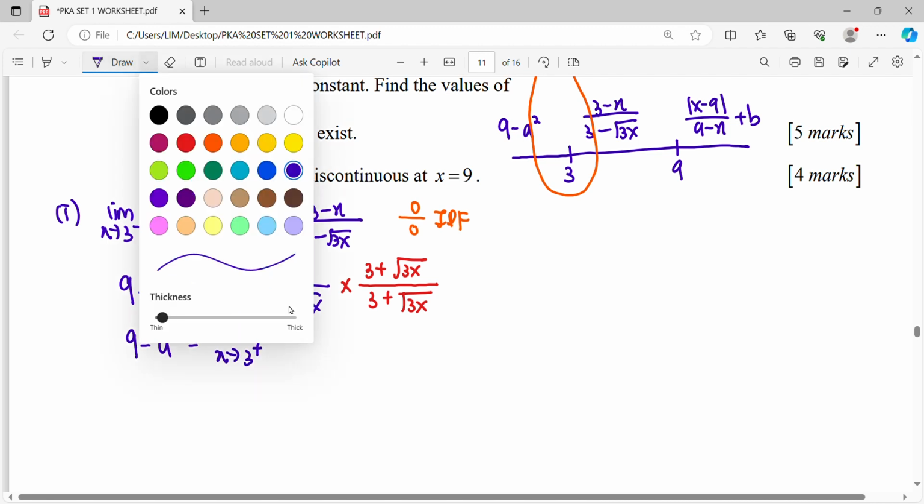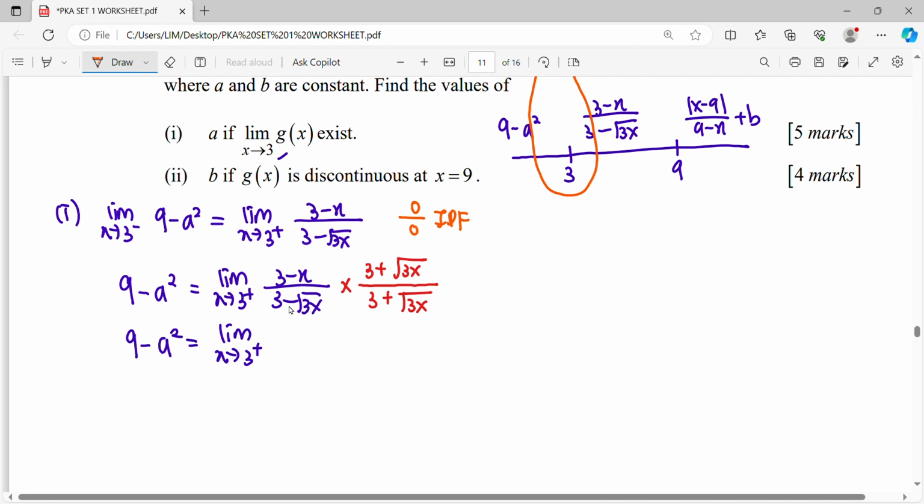Try to simplify. The concept is when you have (a minus b) times (a plus b), it will be equal to a squared minus b squared. So for the denominator part, it will be a squared, 3 squared will give you 9, minus b squared, the square root and square will cancel out, so just 3x.